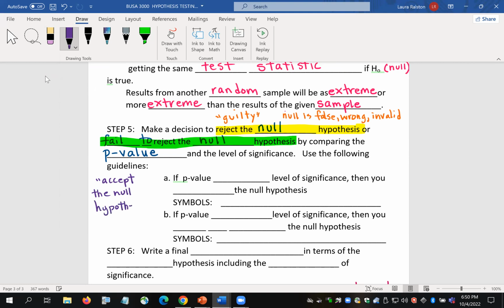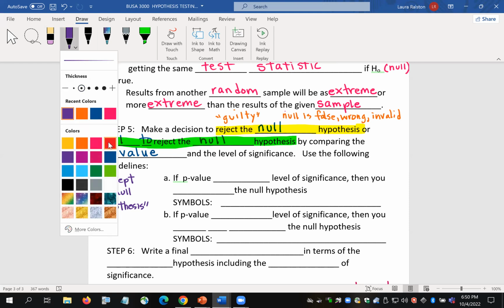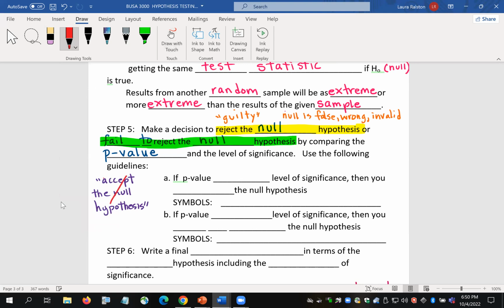That literally crawls Miss Ralston's skin and is statistically incorrect. Do not say it that way. I will count it wrong every time, all the time, because it is incorrect to say it that way. That is inappropriate. You have to say fail to reject. This is a big no, no, no, no.